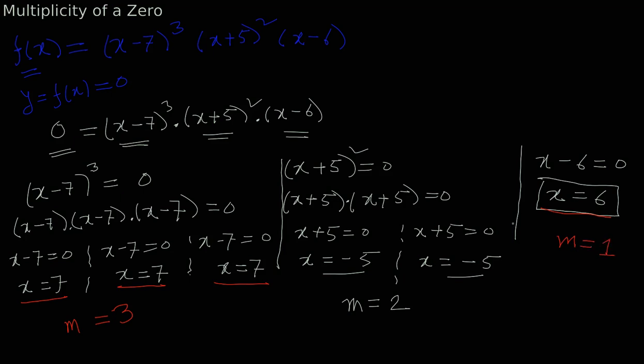So in summary, my real zeros for this polynomial function are: x equals 6, and its multiplicity is 1; x equals negative 5, whose multiplicity is m equals 2, so it is an even number; and x equals 7, a real zero that I got three times, so its multiplicity is 3, which is odd.